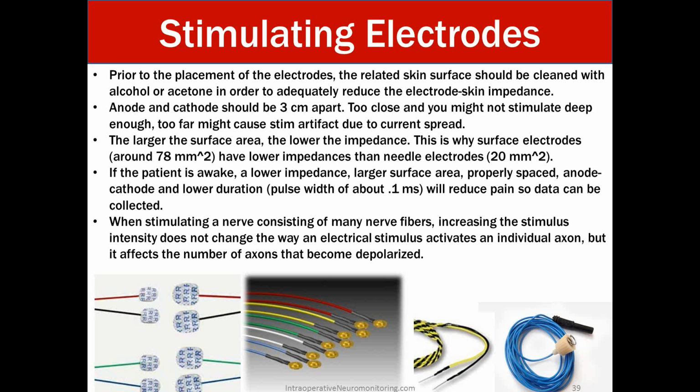When stimulating a nerve consisting of many fibers, increasing the stimulus intensity does not change the way an electrical stimulus activates an individual axon, but it affects the number of axons that become depolarized. So if we stimulate at 10 milliamps on a healthy person, we might get a small response. If we stimulate at 15, we get a better response not because we stimulated those same axons better, but because we recruited more axons that are probably more centrally located within the nerve.